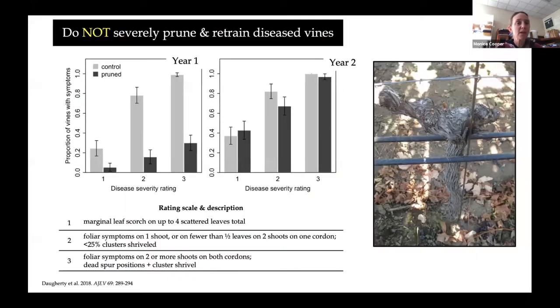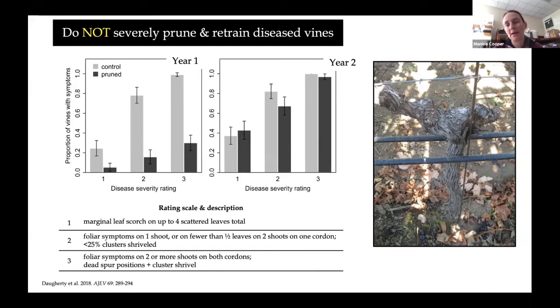So severe pruning and retraining of diseased vines, while it may be important for trunk diseases, is not recommended for Xylella. As you can see in this study, it might appear to work in the first year because the vines appear to recover and grow normally, but by the second year they are back again showing symptoms, and they will never recover from that.